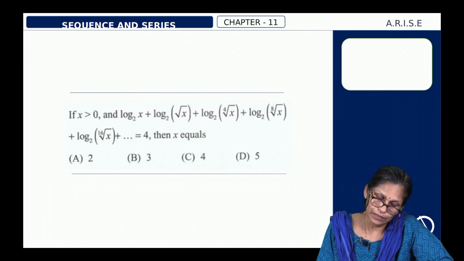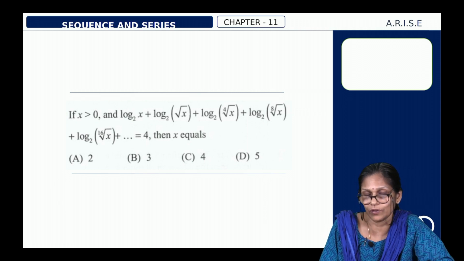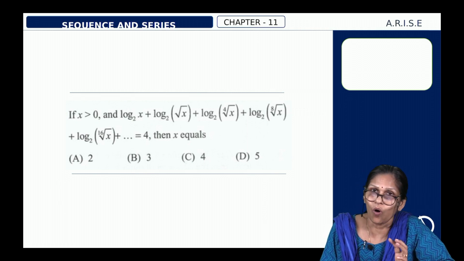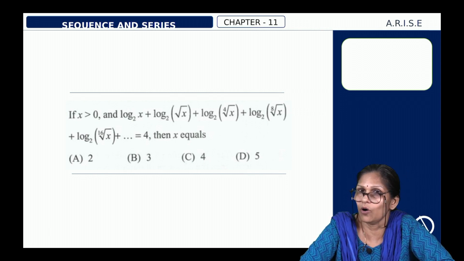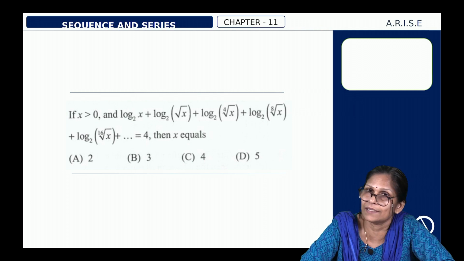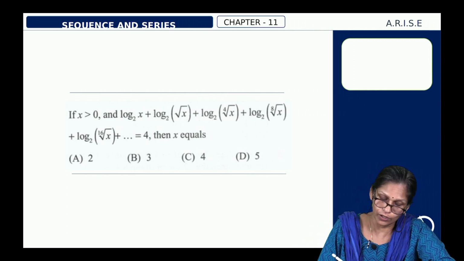Now this is log x to the base 2 plus log root x to the base 2 plus log fourth root of x to the base 2, and so on. It helps because all the bases are equal. So what is log of a plus log of b? If they are the same base, it is just log of a into b. So let us make use of that property of logarithms here.